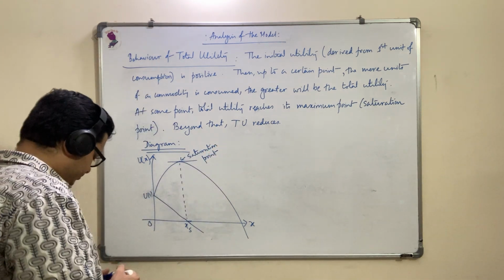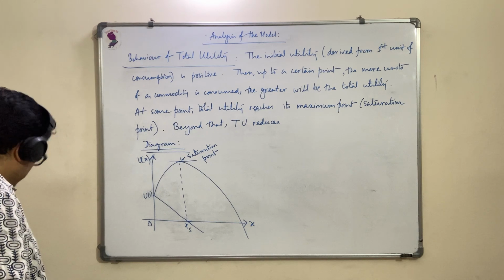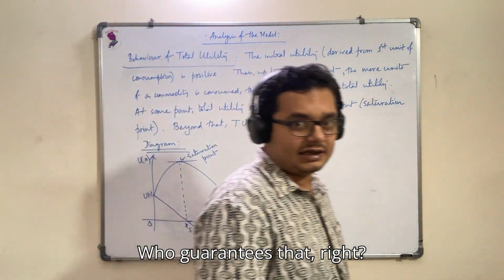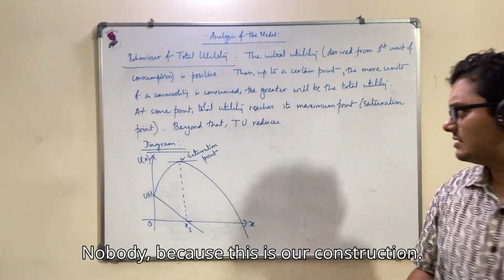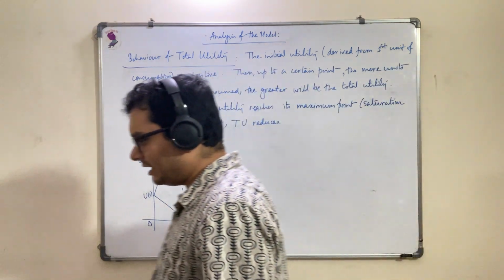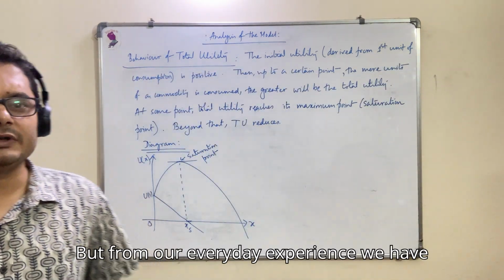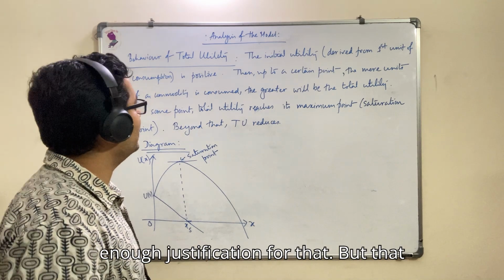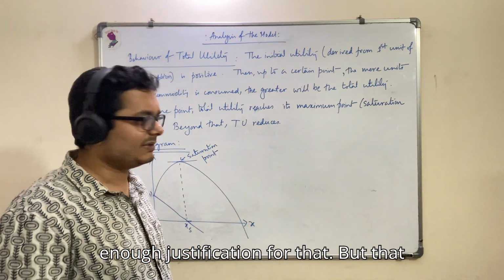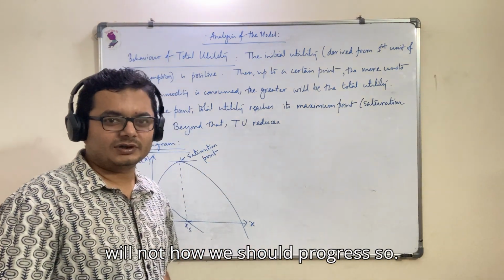Now, who guarantees that, right? Nobody, because this is our construction. But from our everyday experience, we have enough justification for that, but that is not how we should progress.